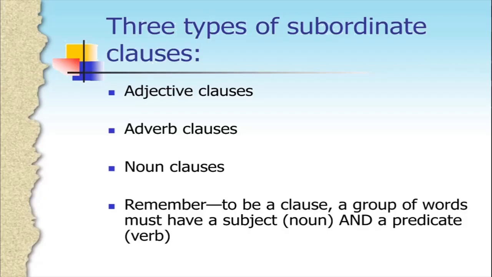I will also keep reminding you when I tell you about each of the clauses. So this is the qualification for a clause. A clause should have a subject and a predicate, whether it is a main clause or a subordinate clause. Come on now, let's go and look at each of the types of subordinate clauses.